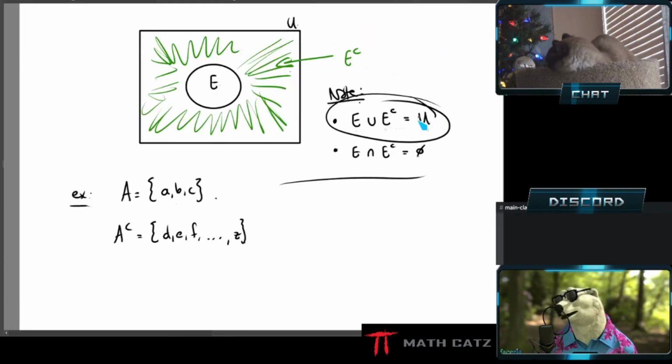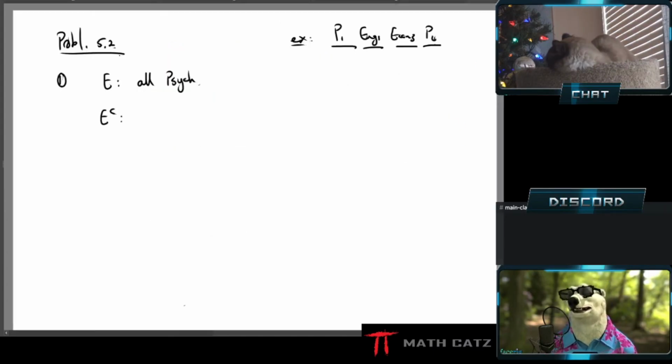It's in the universal set of all arrangements possible. Therefore, it has to be somewhere among the set and its complement, because together they make everything. Well, certainly it's not in E, because it's not all psychology books. E is very restrictive.